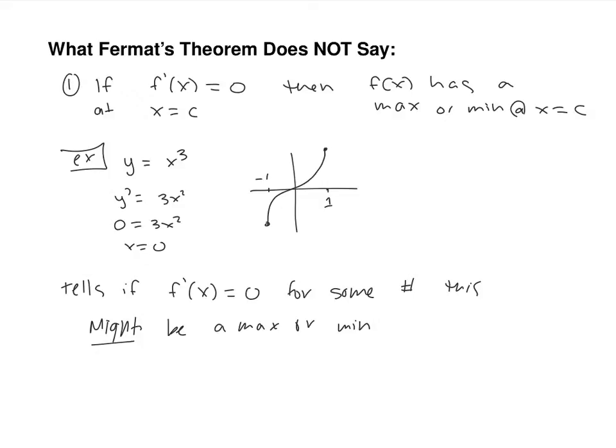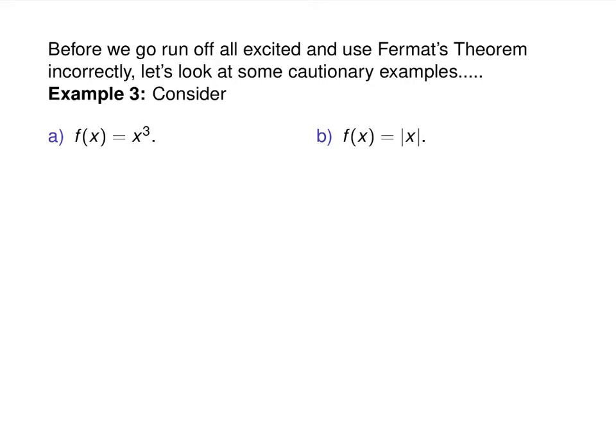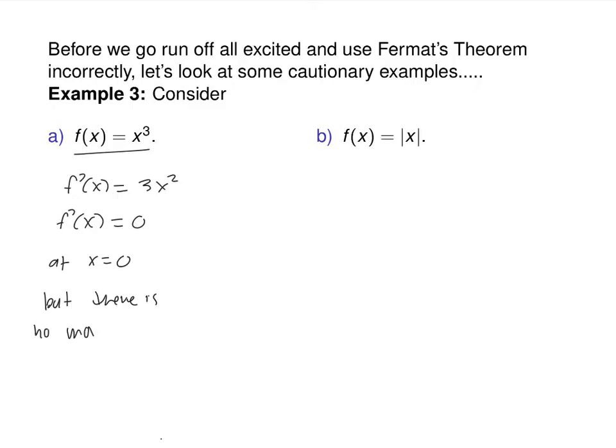And I kind of got ahead of myself because that's what the next example actually says. For this thing, the derivative is 3x squared, and this derivative is equal to 0 at x equals 0, but there is no max or min at that point.